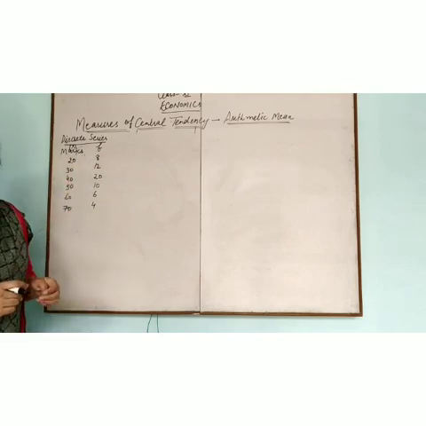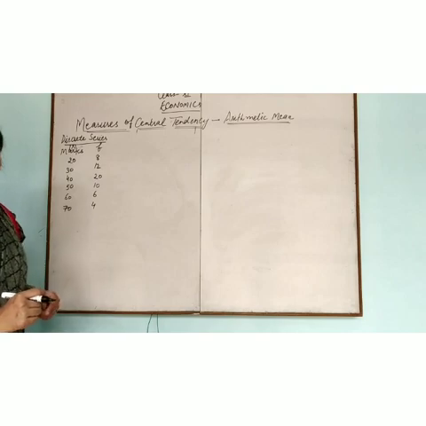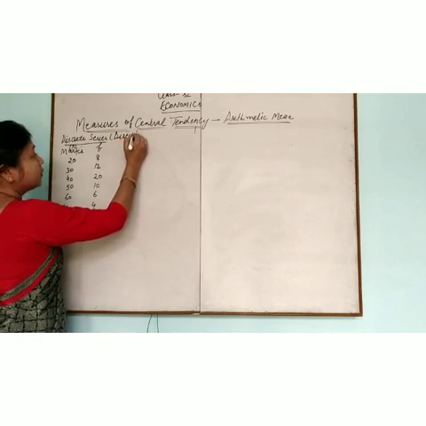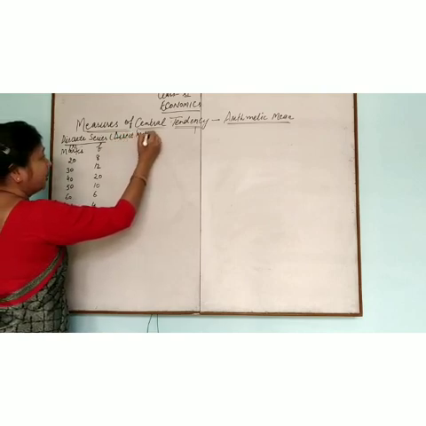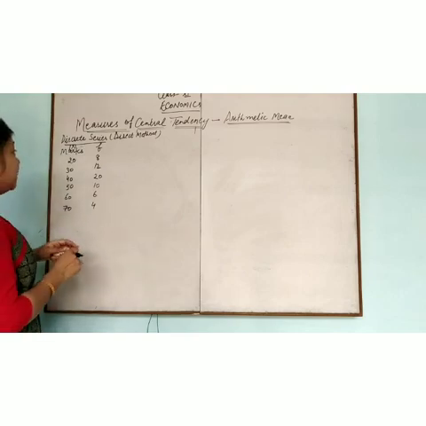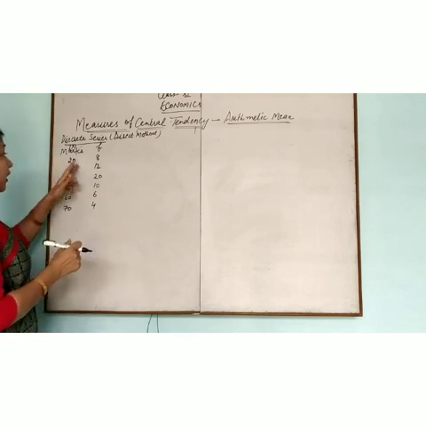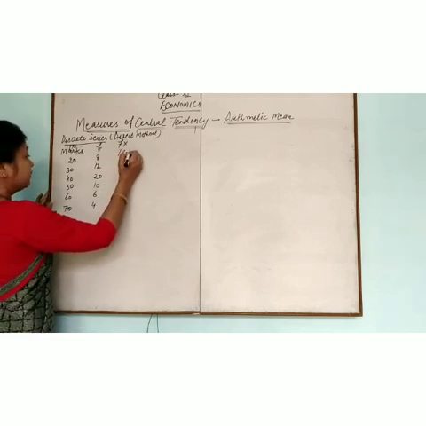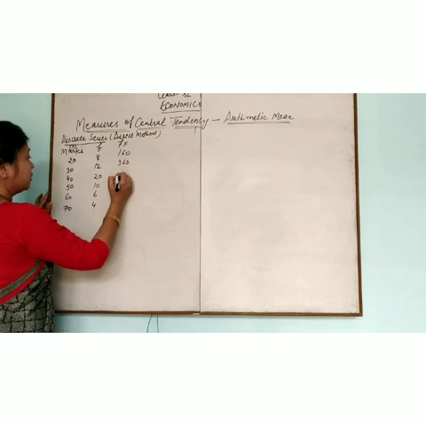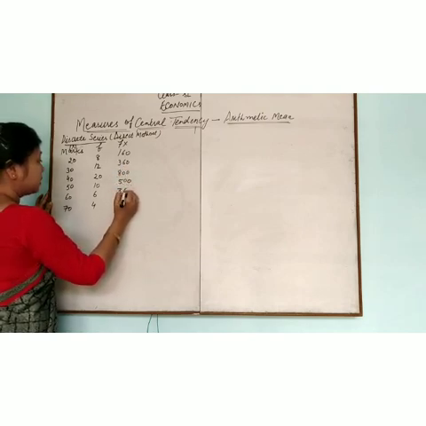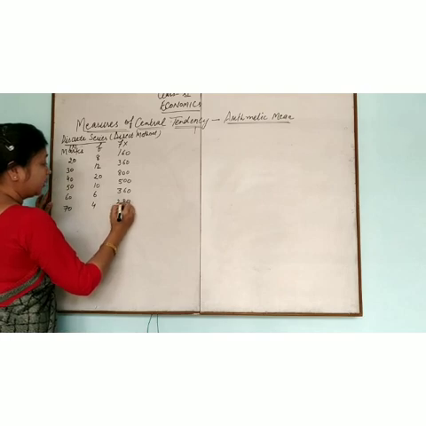How can we calculate arithmetic mean in discrete series using the direct method? First of all, I am doing here the direct method. In the direct method, the first step is to multiply x and f. That is fx: 160, 360, 800, 500, 360 and 280.